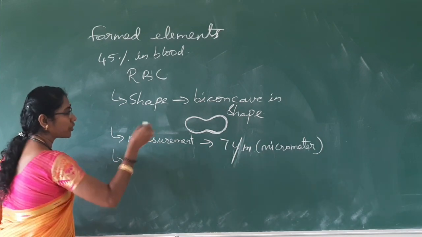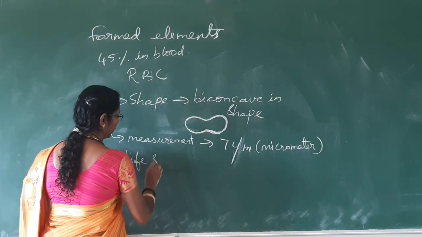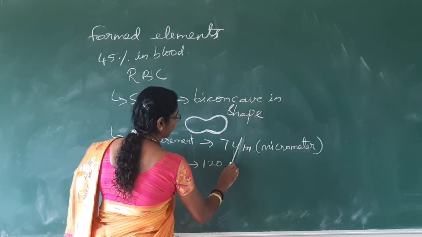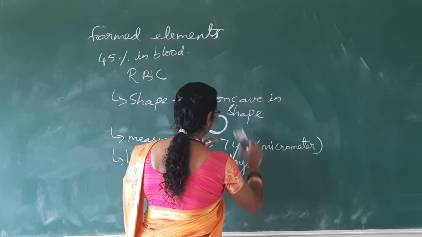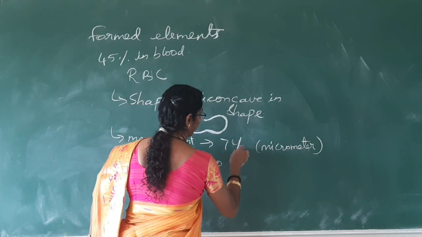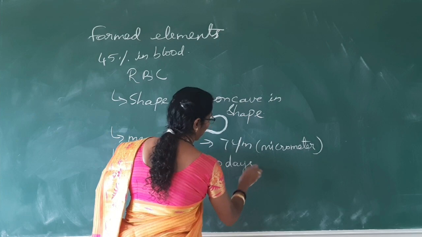What is the lifespan of RBC? The lifespan of RBC is 120 days.